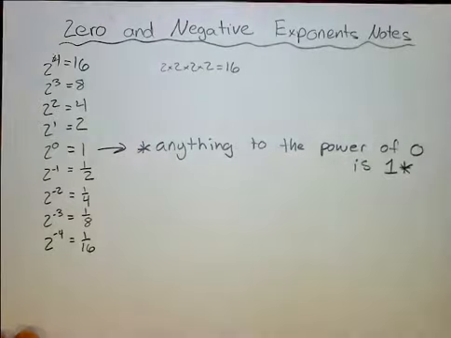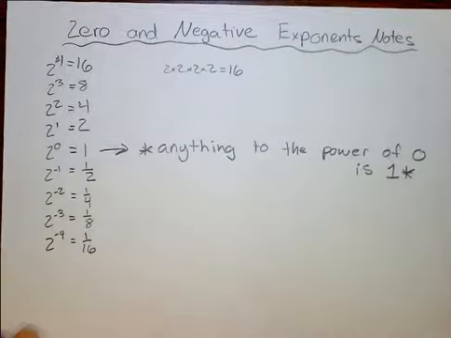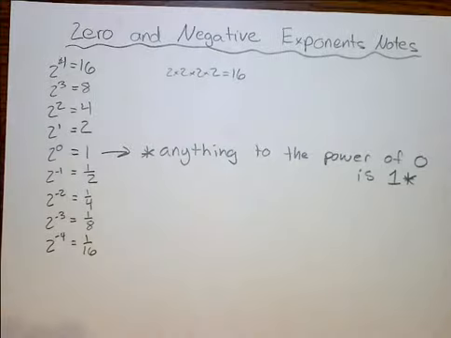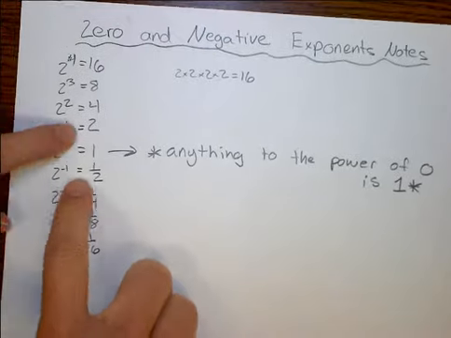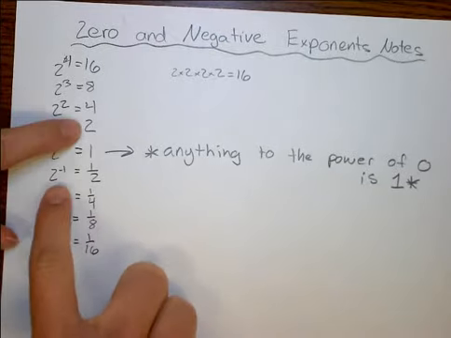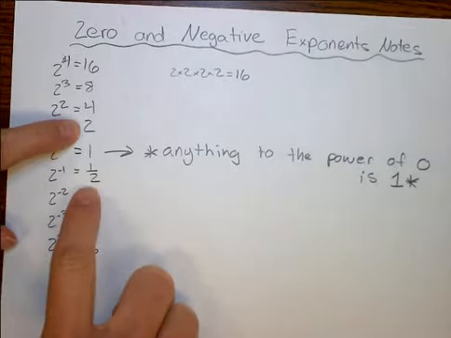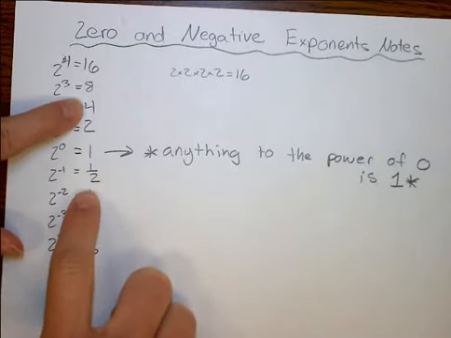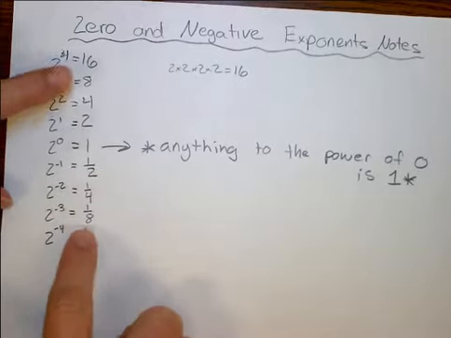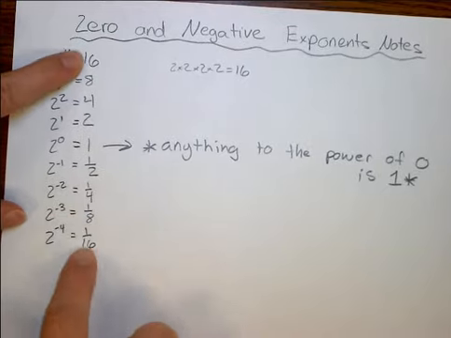And that can be anything. So if you see it to the power 0, you can just simply say, oh, that's 1, no matter how ugly it looks. And then notice how this works. 2 to the 1st power is 2, but 2 to the negative 1st is just 1/2. We have 4 and 1/4, 8 and 1/8, 16 and 1/16.